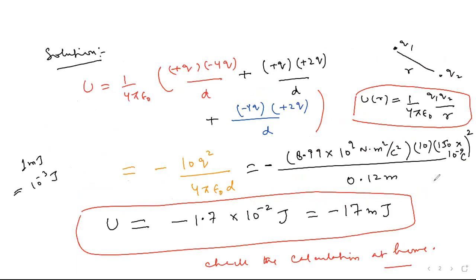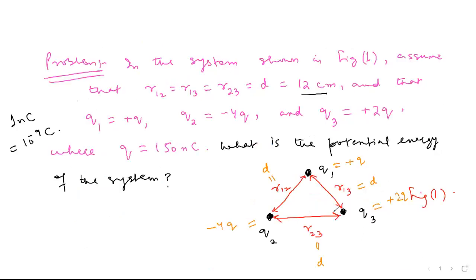So when we calculated this electric potential energy of the system as minus 17 millijoule, making use of this expression, this is basically the work done by an external agent to assemble this system of charges in figure 1, right? And in this interpretation, it is assumed that initially and finally charges are at rest, and they were assembled from infinite distance to this particular configuration.